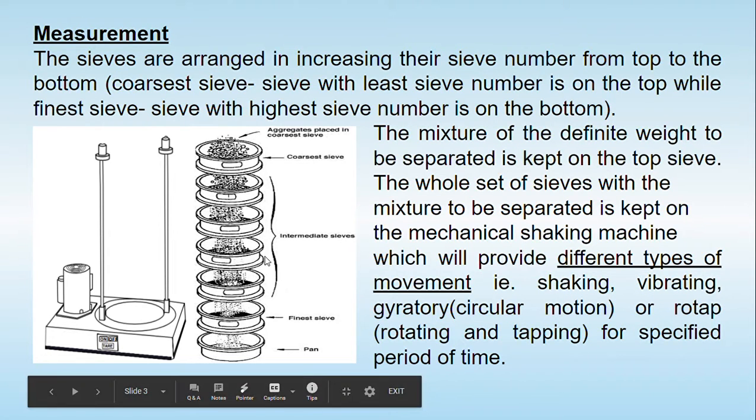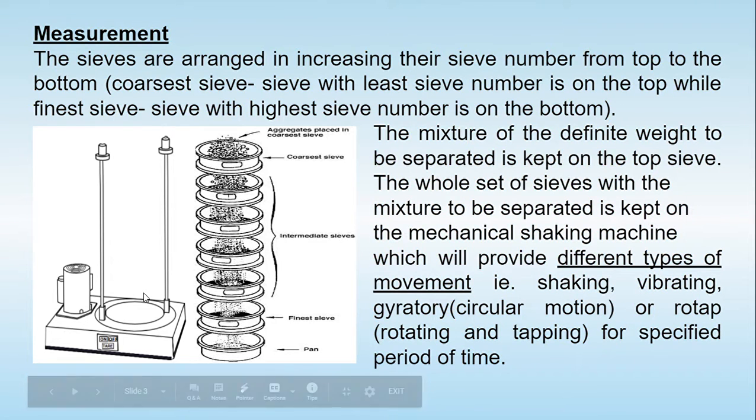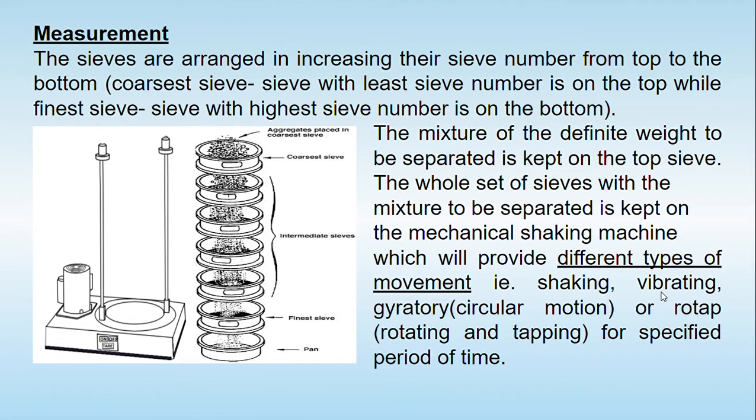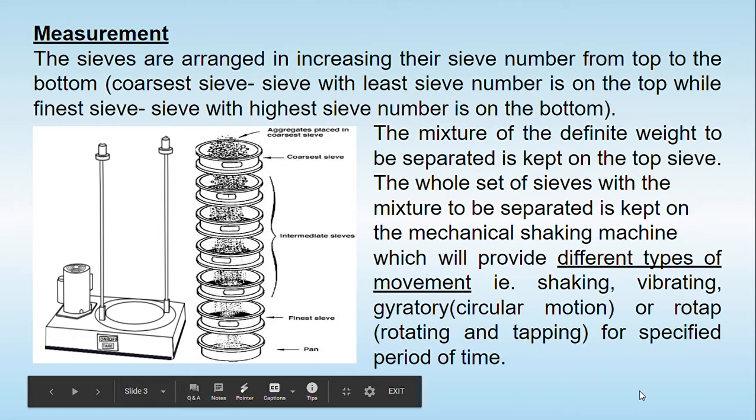Now this whole set of sieves with the mixture to be separated is kept on a mechanical shaking machine to provide mechanical movement. Some mechanical sieve shakers provide only shaking, some provide vibration, some are gyratory, that is circular motion, and some provide a rotating movement and tapping for a specified period of time.